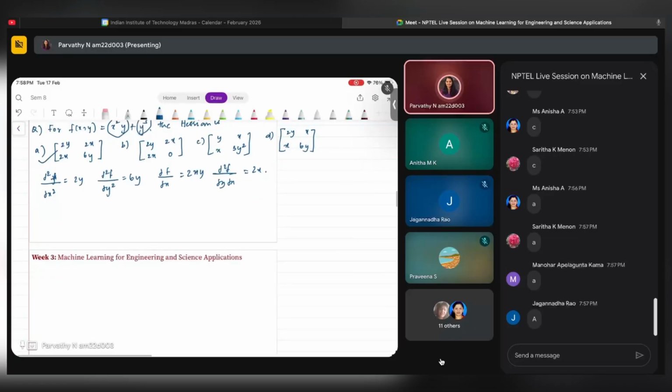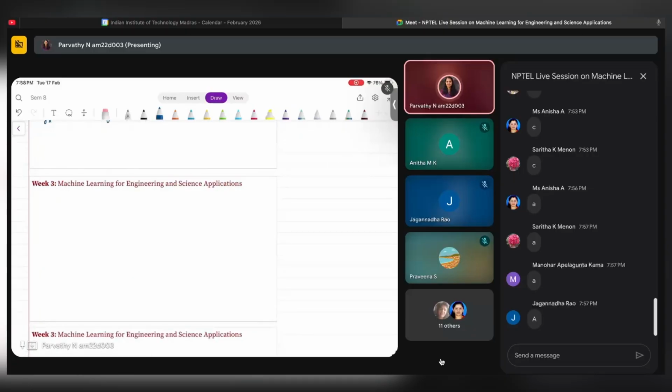Now, in the lecture, there is a video on advanced calculus where some formulas and derivations on matrix vector combinations are shown.